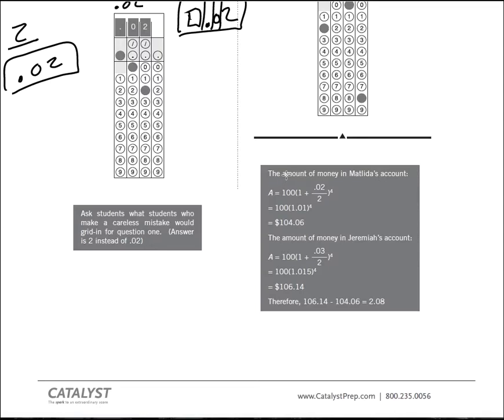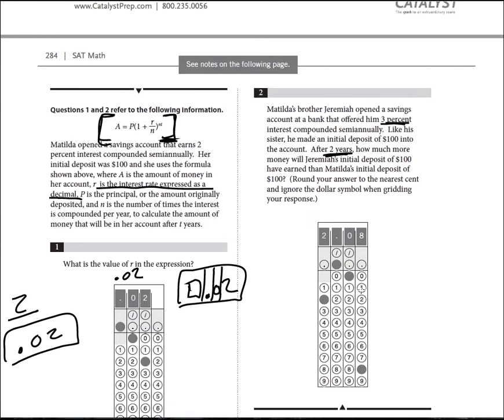So all I'm doing is just plugging numbers into that formula, and I can do this on the whiteboard. Matilda earned this much, $104.06, and I'm rounding to the nearest penny here. Jeremiah, $106.14. Therefore, yep, 106.14 minus 104.06 equals $2.08, which is our answer. And you'll notice here it says round your answer to the nearest cent. So that's why we're rounding to the nearest penny.